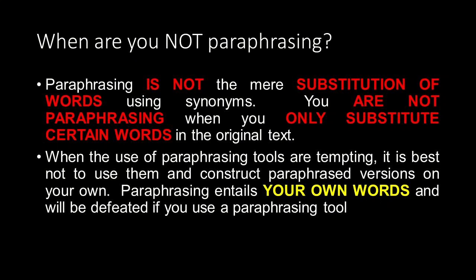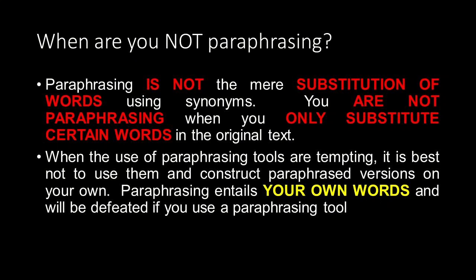Okay, so what you do is this: you have the original material, you paraphrase it on your own using the format I gave or using the outline I gave. And then after which, you take the same material, the original material, and run it through a paraphrasing tool or a paraphrasing software. You then compare your paraphrased version to the version of the paraphrasing software or the paraphrasing tool and see if the message is the same.